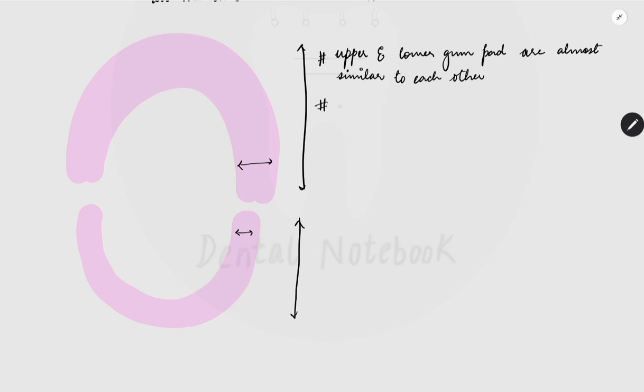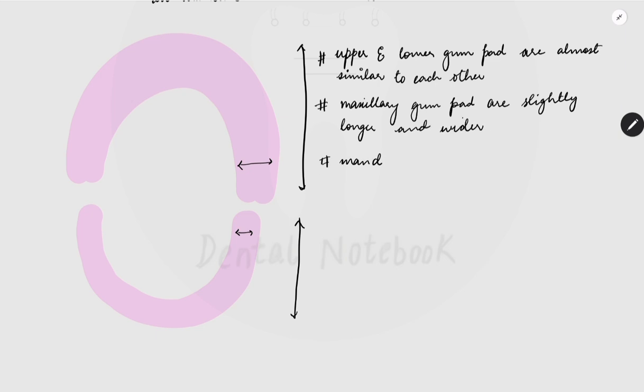The only difference is that the maxillary gum pad is slightly longer and wider, whereas your mandibular gum pad is thinner and shorter.